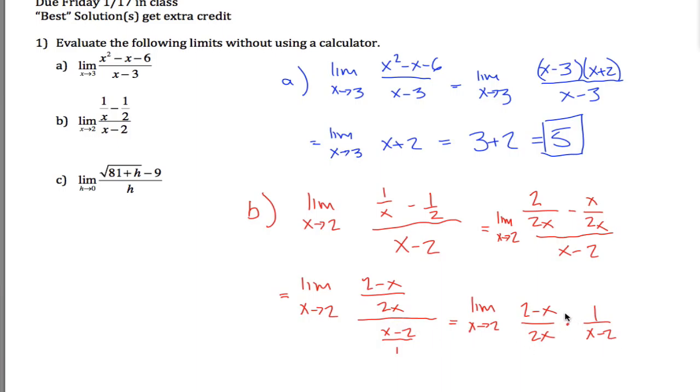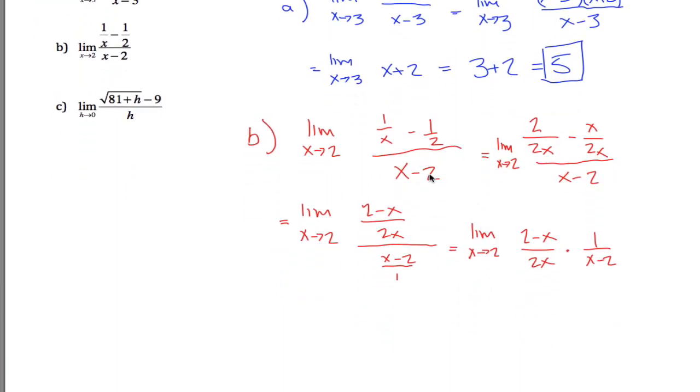Going from this step to this step, I took advantage of the fact that anytime you're dividing fractions, really all you're doing is multiplying the fractions, except you're multiplying by the reciprocal of the denominator. Easier way to say it is if you're dividing fractions, take the one on the bottom, flip it upside down, change it into multiplication.